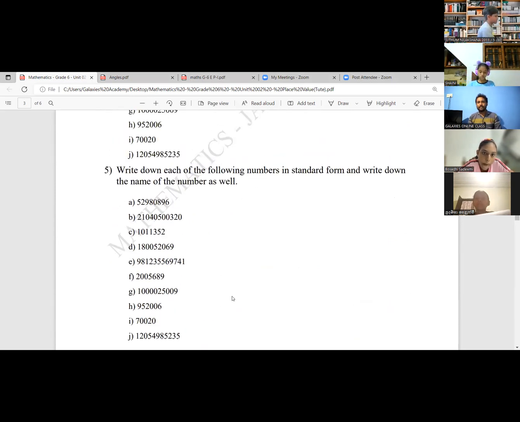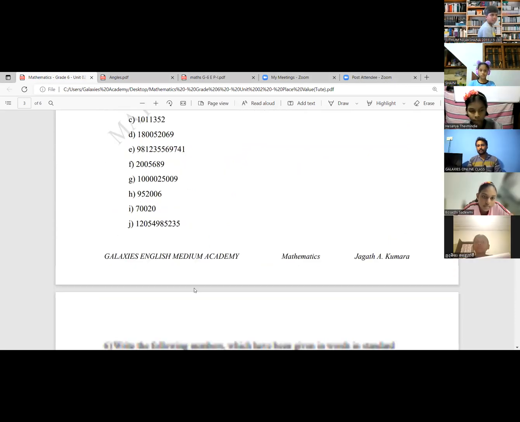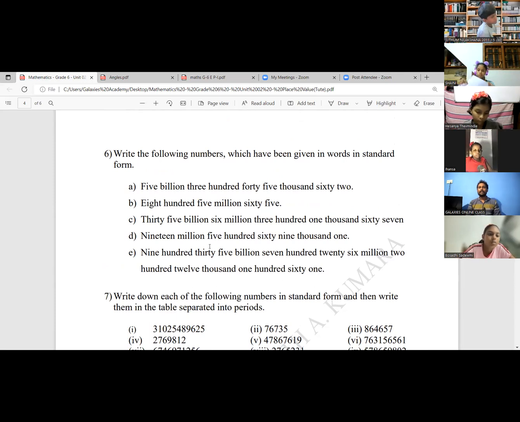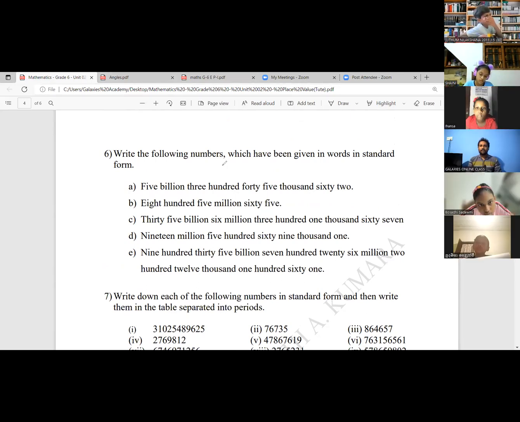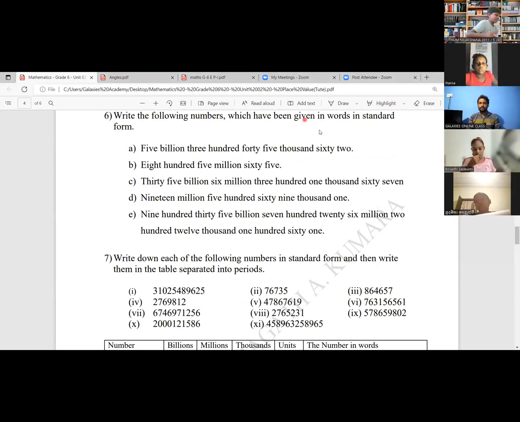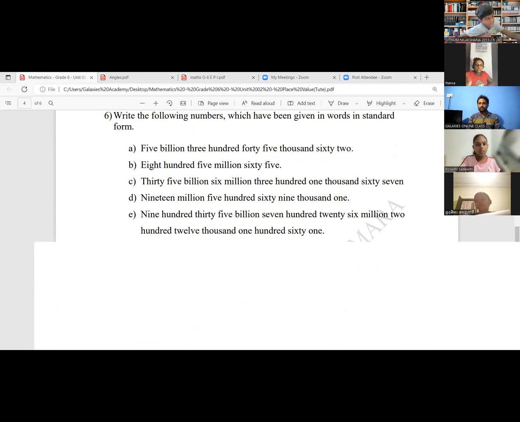Right. Let's look at number 6 and how it is done. Let's see whether you wrote the answers correctly. Word form is given. Okay, you have to write the digit form. Now look at how you can write the first answer.